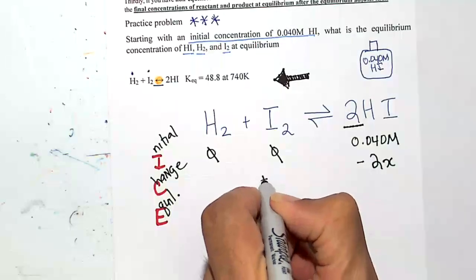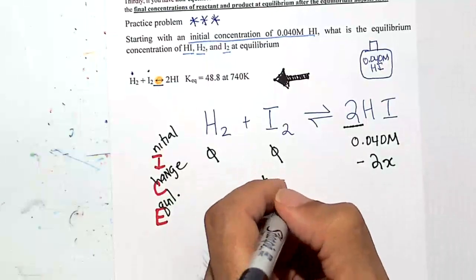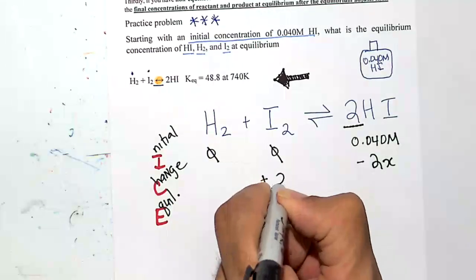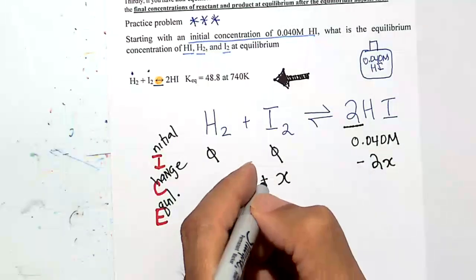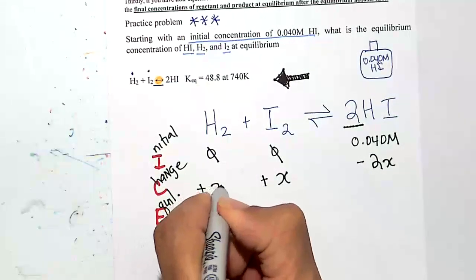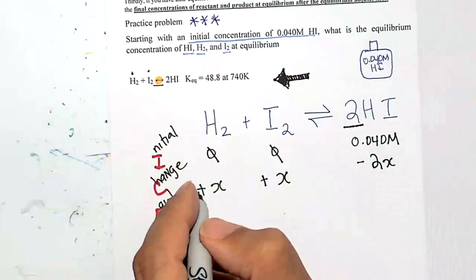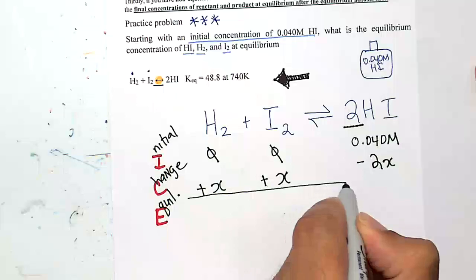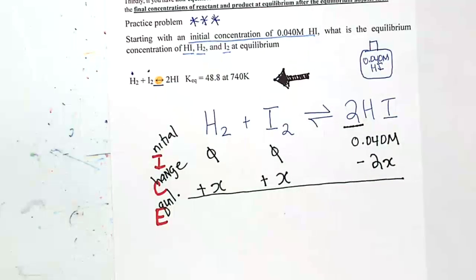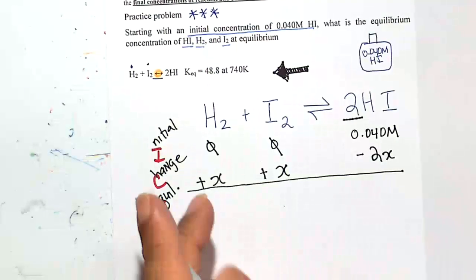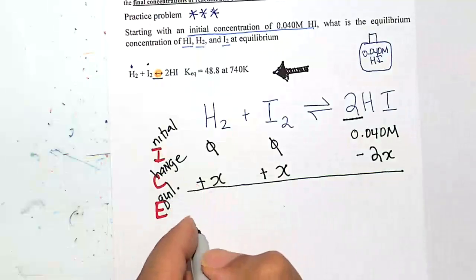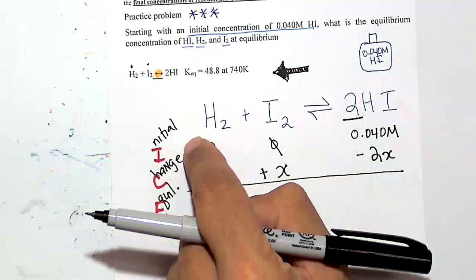What will this be? It's going this way, it's shifting left, plus 2x. What's the coefficient here? 1, so it's going to be plus x. And this will be plus x. So the change for H2 and I2 are basically plus x, correct?